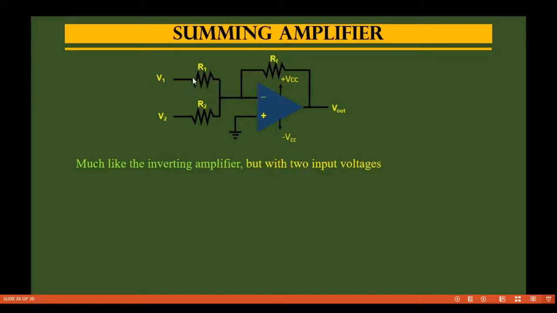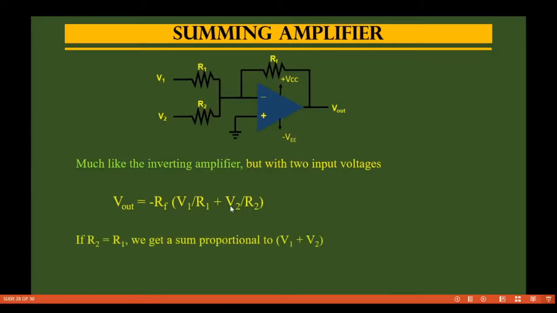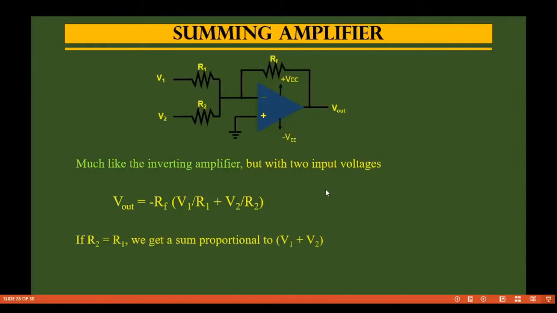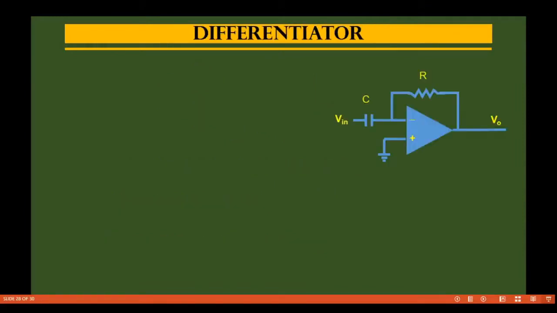So this is V1 through R1, feeding the inverting terminal, and we have grounded the positive side. So V out is nothing but minus RF times (V1 upon R1 plus V2 upon R2), and if we set R2 equal to R1, we will get V1 plus V2. So this is how a summing amplifier works.